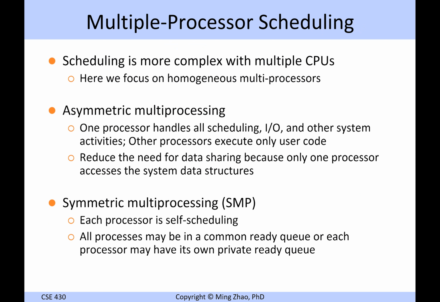So far, everything we have talked about, if you haven't noticed, is about single uniprocessor scheduling. In all the algorithms we have talked about so far, we assume there's only one processor.